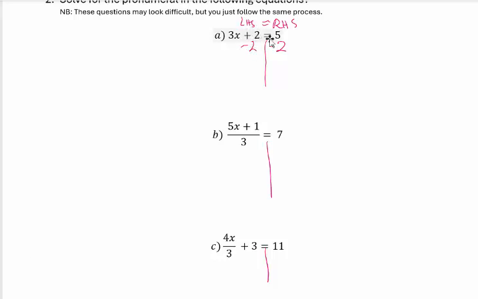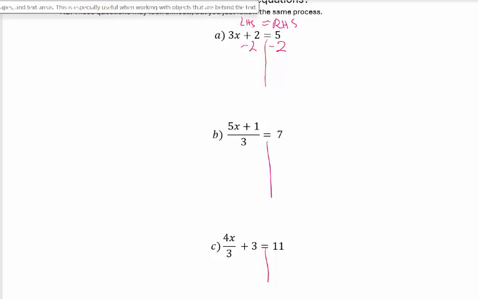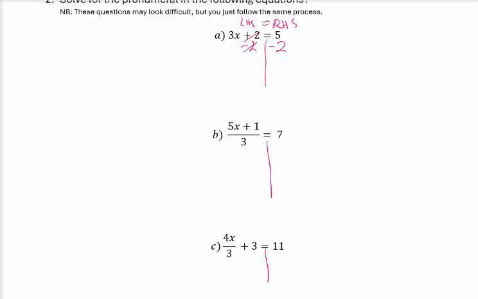See how I've lined it up? It's really important because it helps with this concept. Positive 2 take 2 leaves 0. We don't need to write that. So what am I left with on the right hand side? 3x, so I write down what's left over. 5 take 2 equals 3.